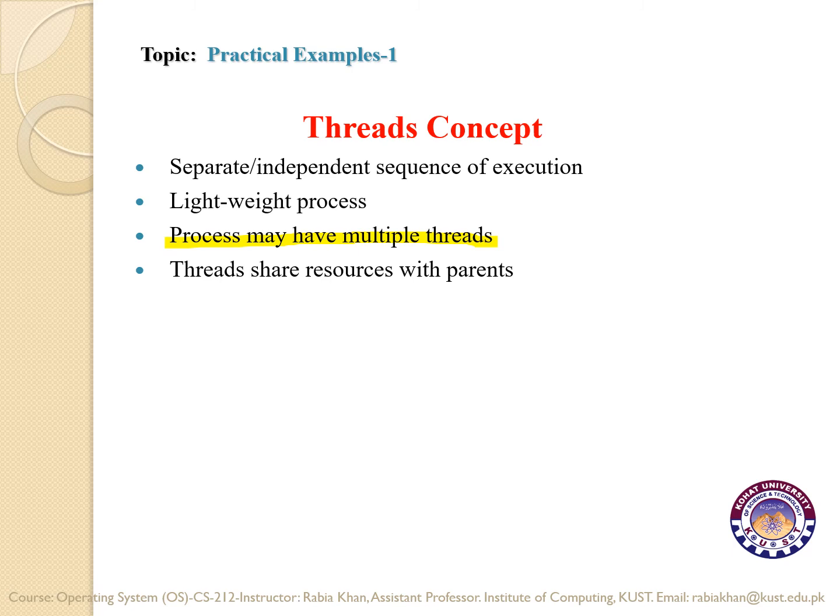Every thread performs its respective task, and every thread shares resources with its parent. Now, who is the parent of a thread? The parent of a thread is the main process or the main program.